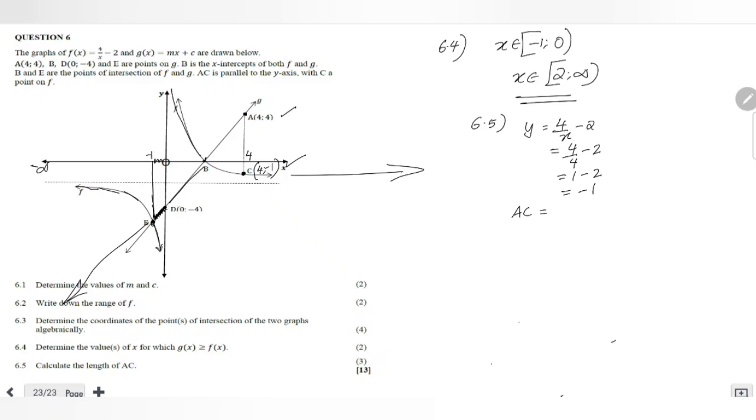What are they? 4 minus negative 1, which is going to be 4 plus 1. What is the answer? 5 units, isn't it? Yes. Those who did not understand, go with the distance formula, you will get it. So this is how you can do this question.